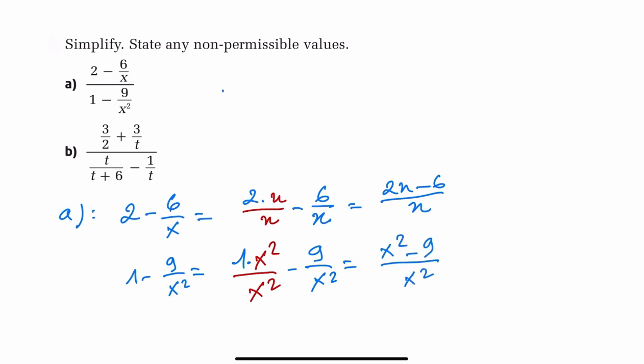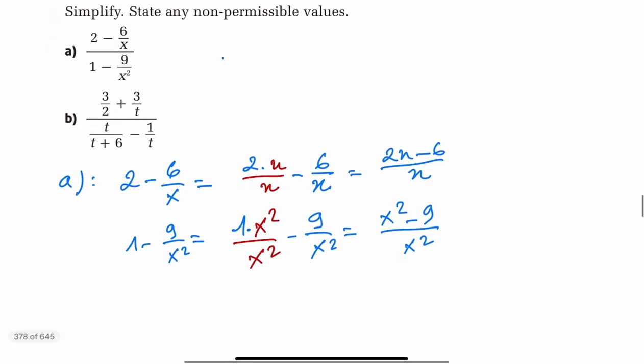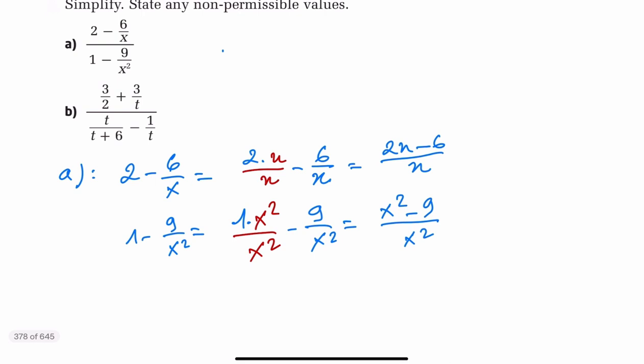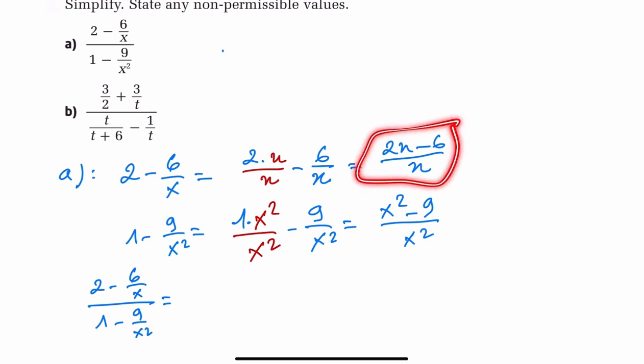Now I can combine both expressions in a single one. So same thing, 2 minus 6 over x divided by 1 minus 9 over x squared is equal to this one instead of this one, and this one instead of this one.